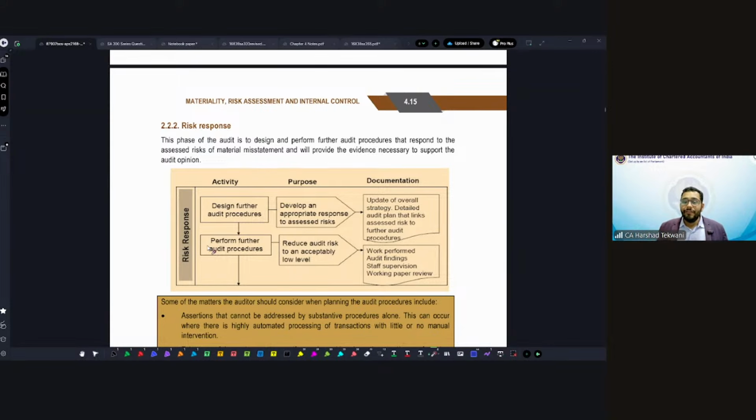So I will design further audit procedures to test documents, and I will create my whole audit strategy accordingly for that particular area. Covered audit procedures to test further controls responding to the risk.